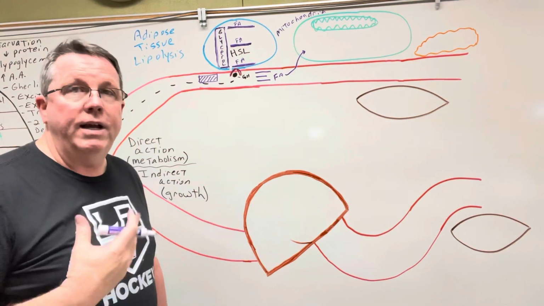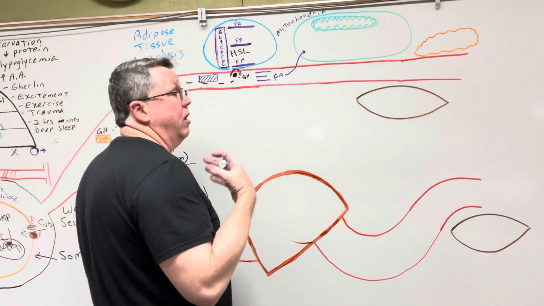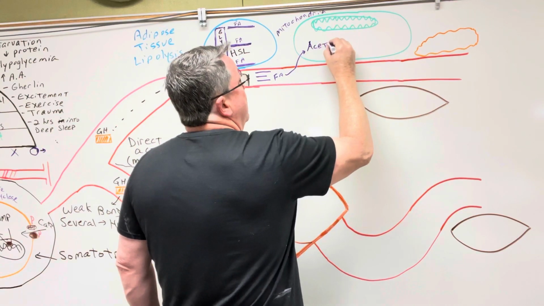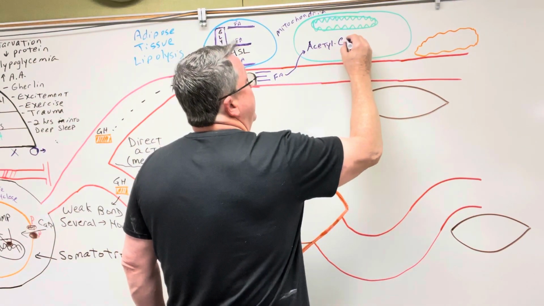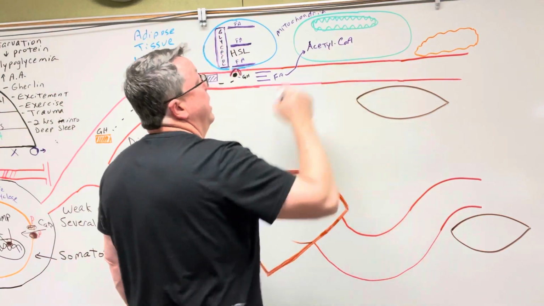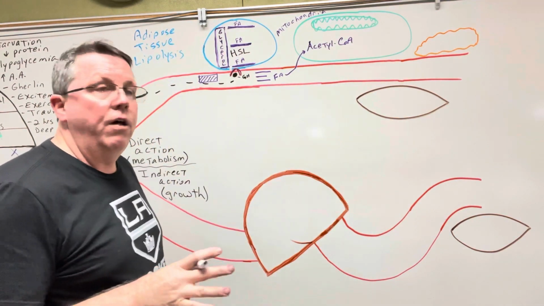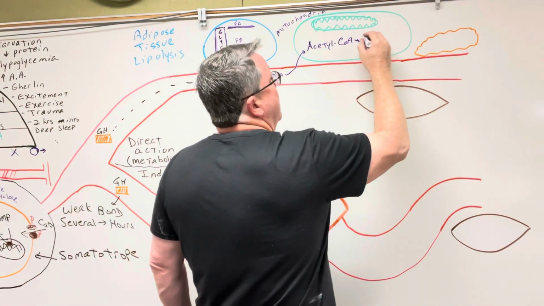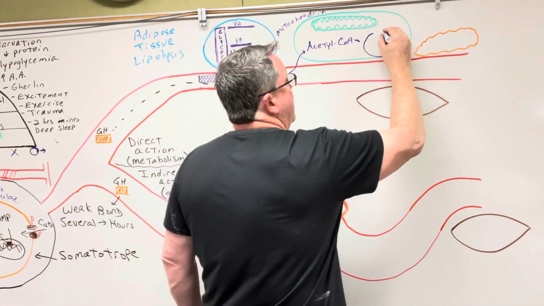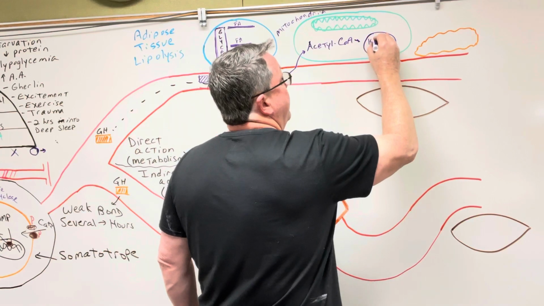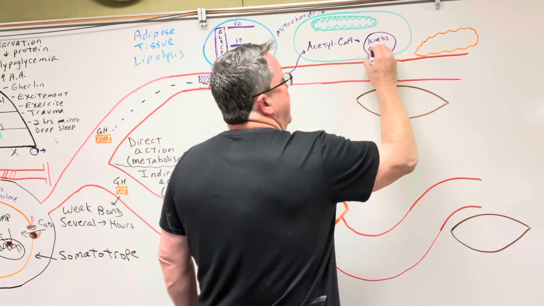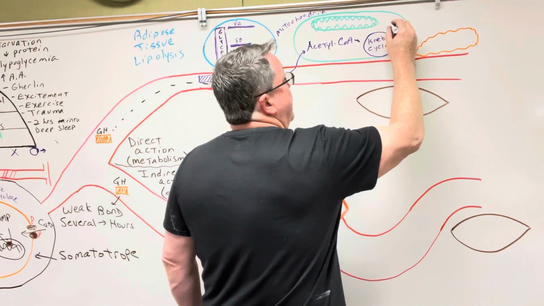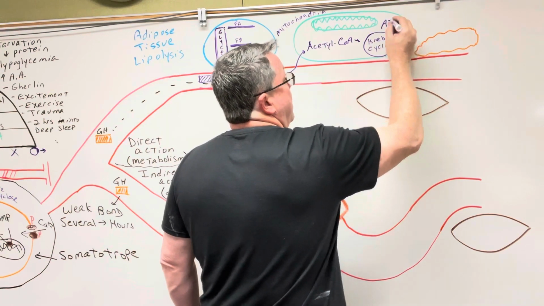When it enters into the mitochondria, it's going to undergo oxidation, and it's going to become acetyl coenzyme A. You may recall the name acetyl coenzyme A because this is actually going to enter into the Krebs cycle. Then it's going to play a role in making ATP, okay?